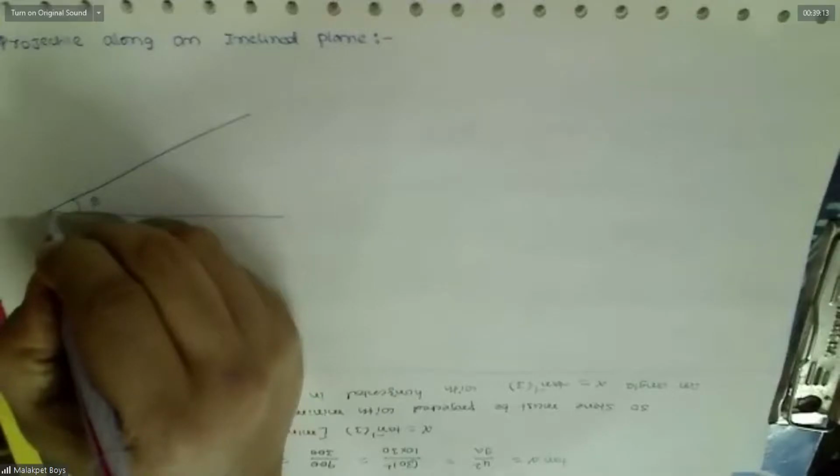Here is an inclined plane. Now suppose you are projecting this at an angle of alpha.